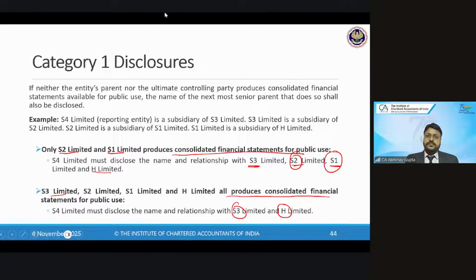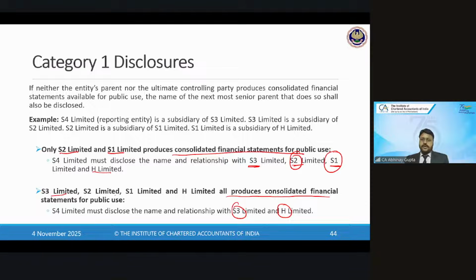Sir, could you please repeat the question once again? Consolidated financial statement preparation is mandatory or not? Yes, sir. When they have a subsidiary, it is mandatory, sir. I understand that Ind AS 110 is not yet done in this batch, but I was just checking what the guess is.